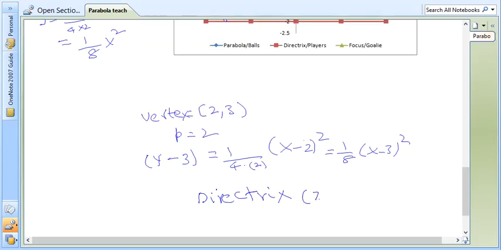That would be at 2, 1, because the x coordinate is still the same, and for the y coordinate you come down 2 yards. And where is the focus going to be? The x coordinate will still be the same, and the focus is going to be at 2, 5, because that would be 2 yards to the top.